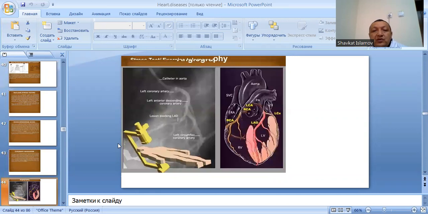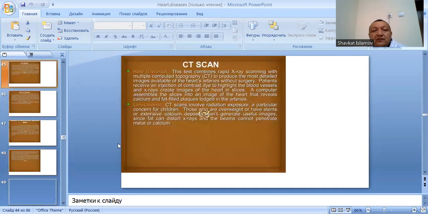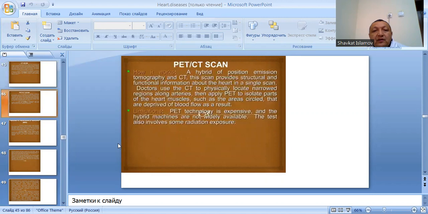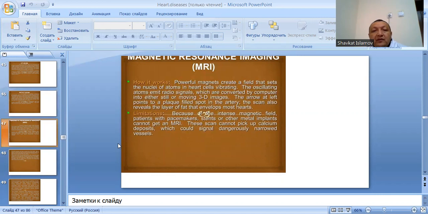You see a picture. Computed tomography scan, how it works, limitations. PET computed tomography scan, how it works, limitations. Magnetic resonance imaging, how it works, limitations.